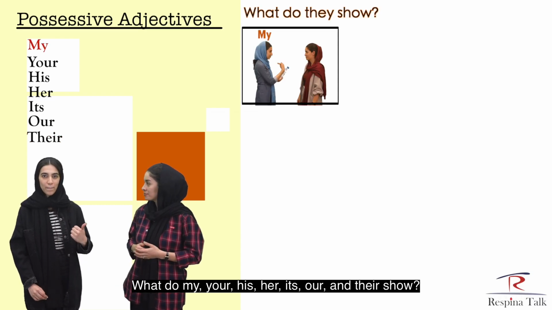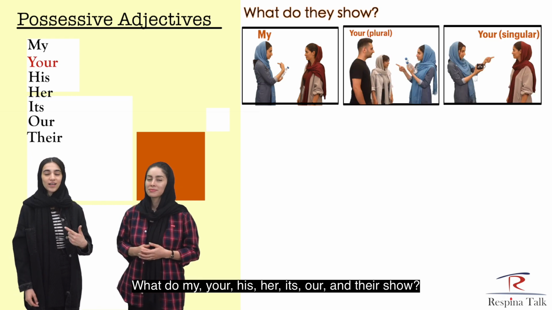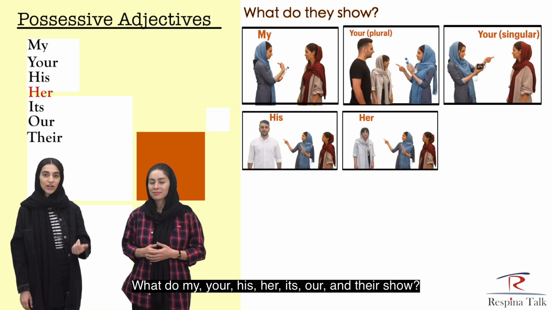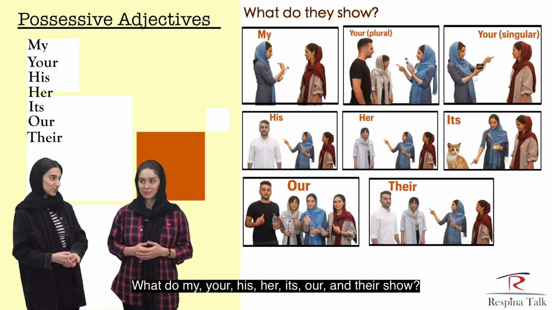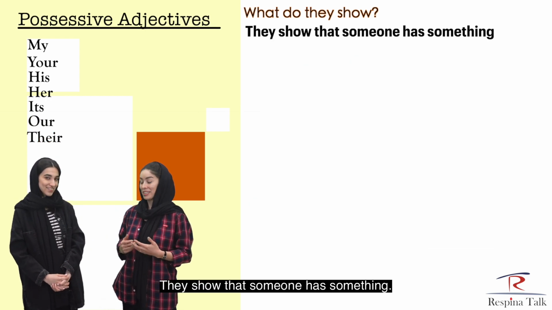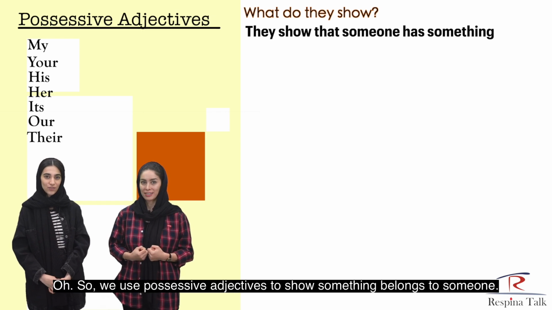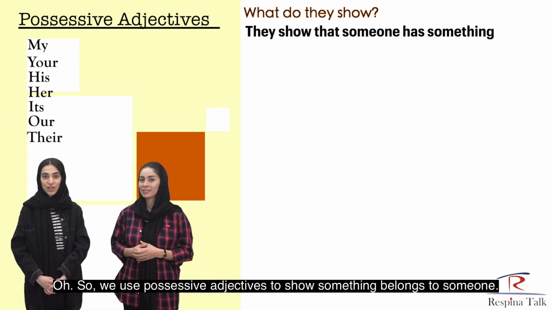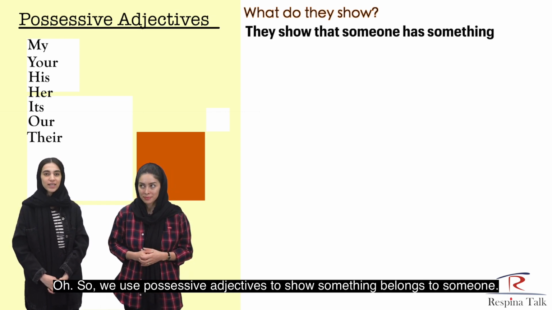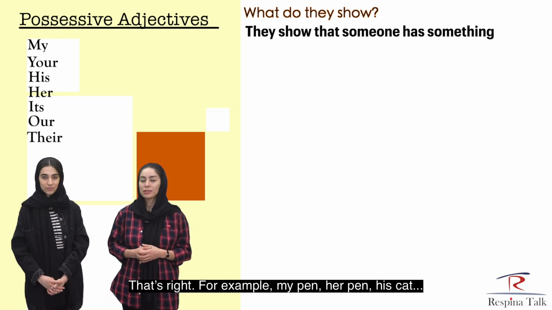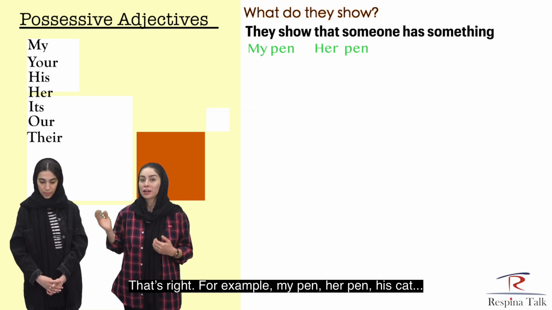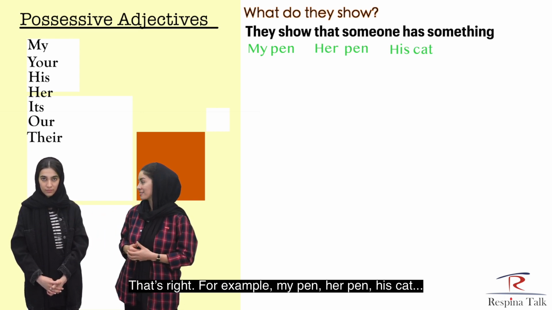What do my, your, his, her, its, our, and their show? They show that someone has something. Oh, so we use possessive adjectives to show something belongs to someone. That's right. For example, my pen, her pen, his cat.